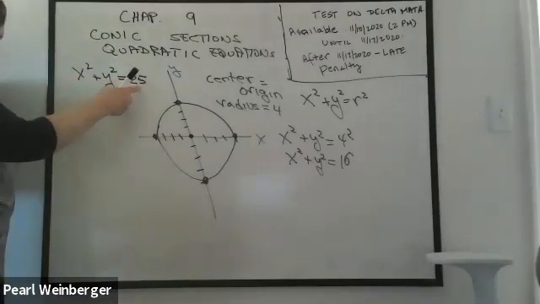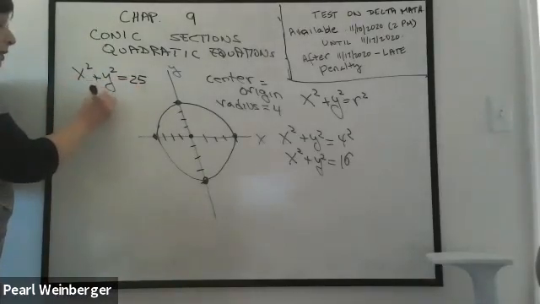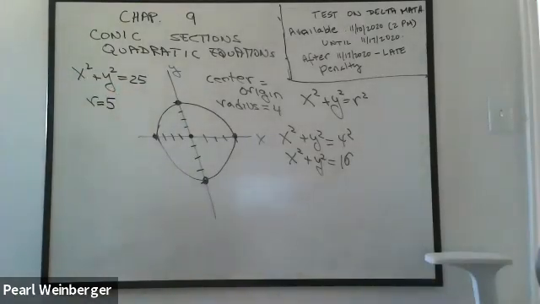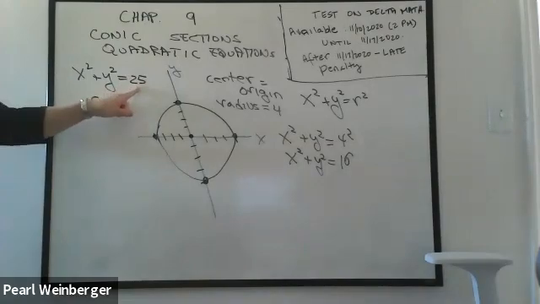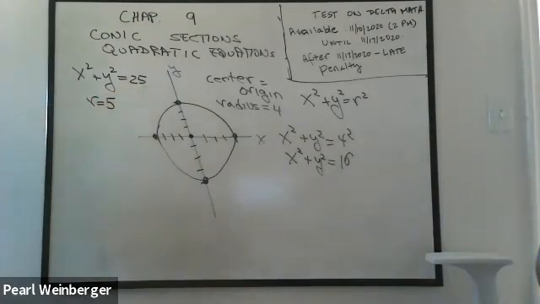Since r squared is 25, my radius has to be 5. It's just a matter of knowing the pattern: x squared plus y squared equals a number squared, and the square root of that number is the radius. Obviously, this number always has to be a positive number.